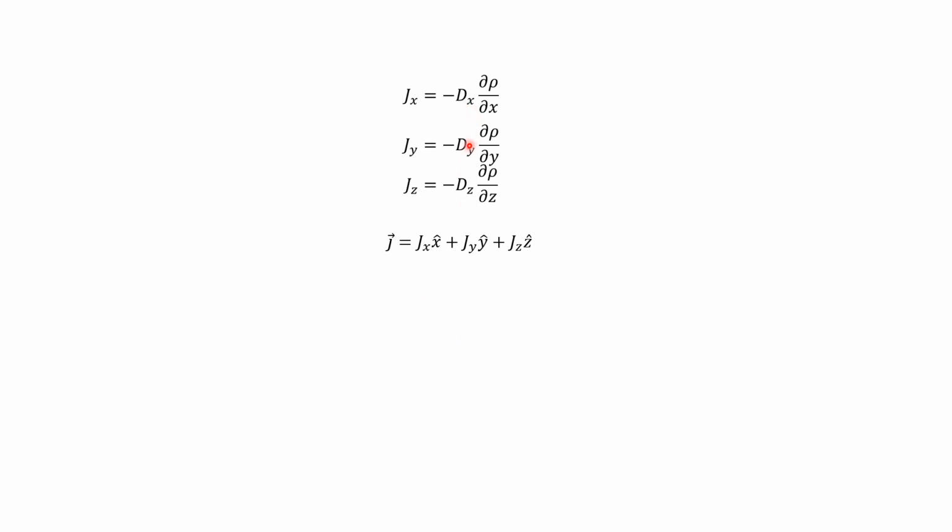Depending on the material, the diffusion coefficient could be different for each component as well. But for our purpose, a one-dimensional current suffices. So we're not going to talk about vectors. We're going to still talk about a current as a scalar because our situation is essentially one-dimensional.